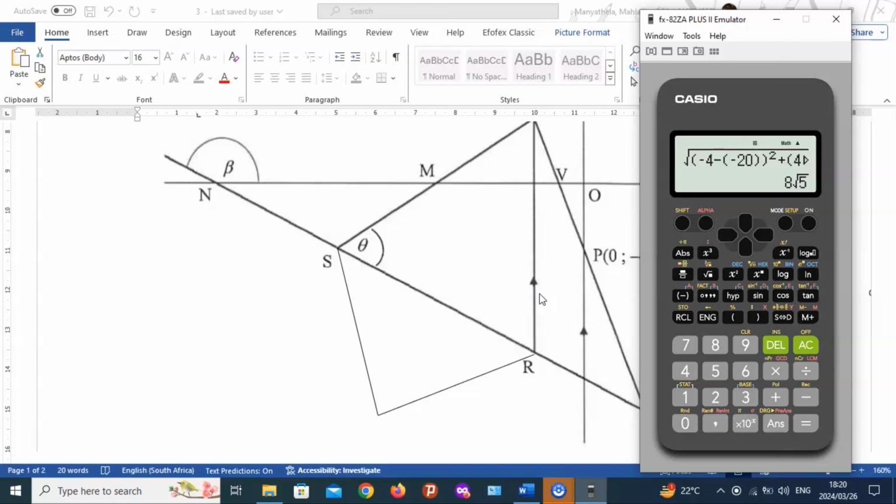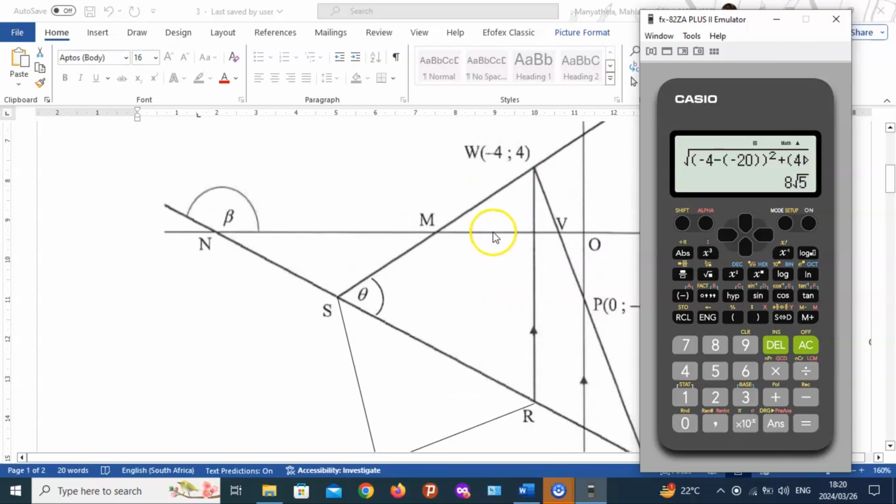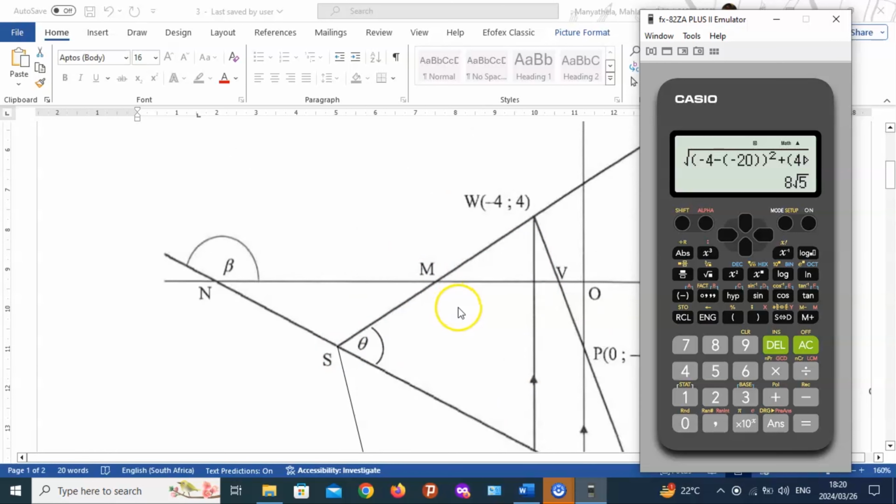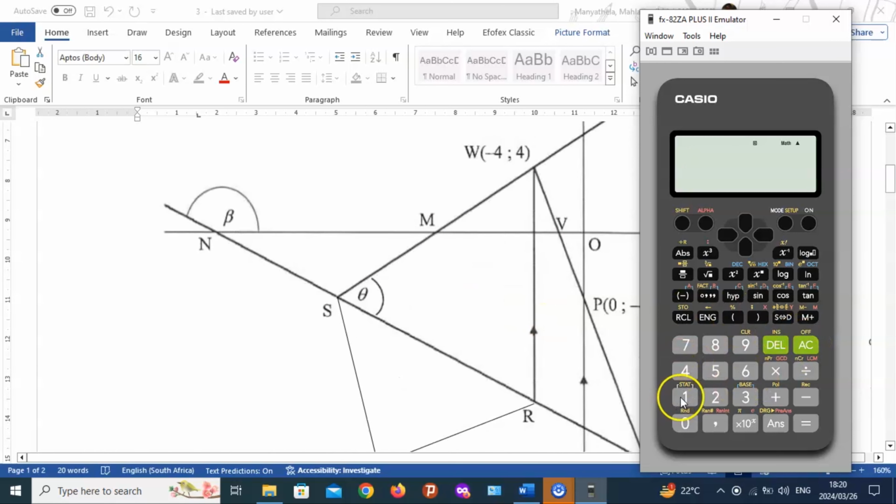So to find the area of this parallelogram, we have to find the area of one triangle, because the diagonal forms two triangles, and multiply it by 2. So let's quickly find the area.